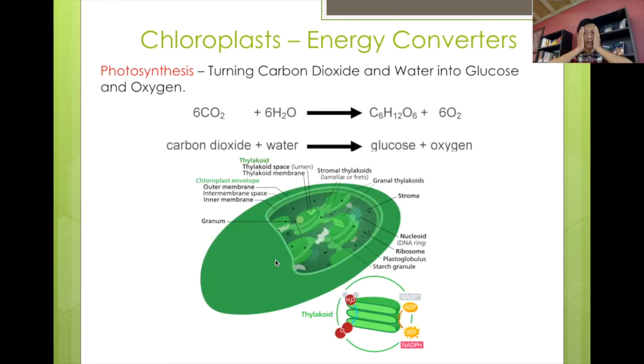Now the process that the chloroplasts use is photosynthesis, and photosynthesis is turning carbon dioxide and water into glucose and oxygen. Yeah, it's what allows plants to build their cells or build molecules from glucose. Yeah, so they take carbon dioxide, 6 molecules of it, plus 6 molecules of H2O, and through the process of sunlight will form 1 molecule of glucose and 6 molecules of oxygen.